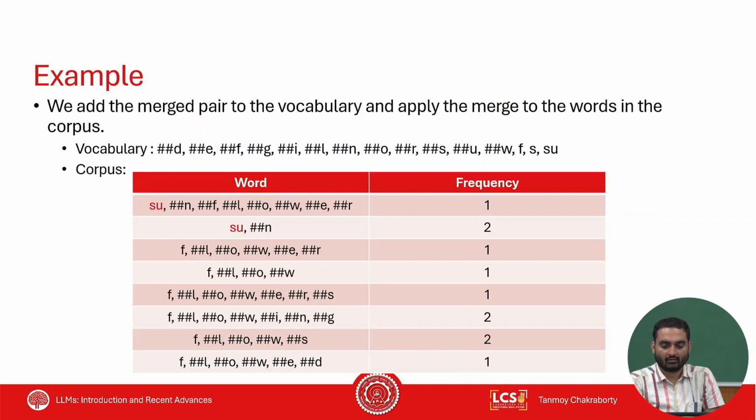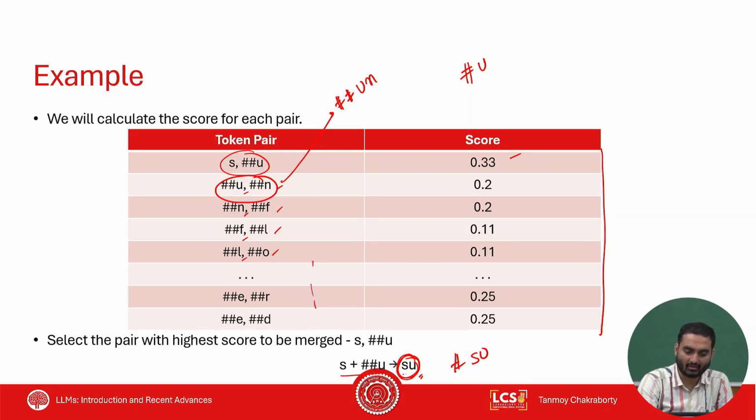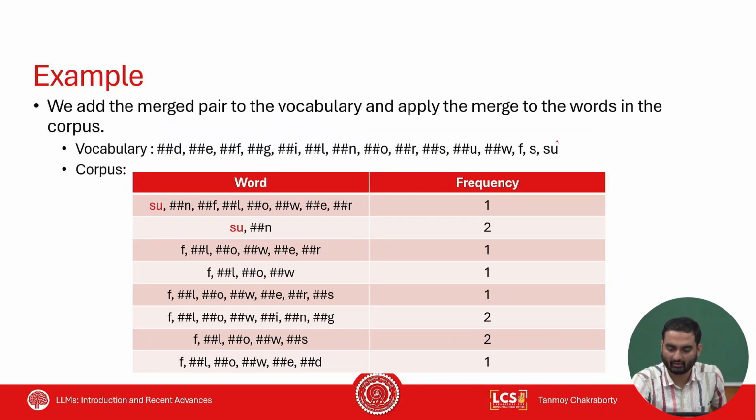So in this case you identified S and U, you merged them, and the new vocabulary word is SU, along with the previous tokens present. By the way, I am using the terms word and token interchangeably, but I hope you understand.